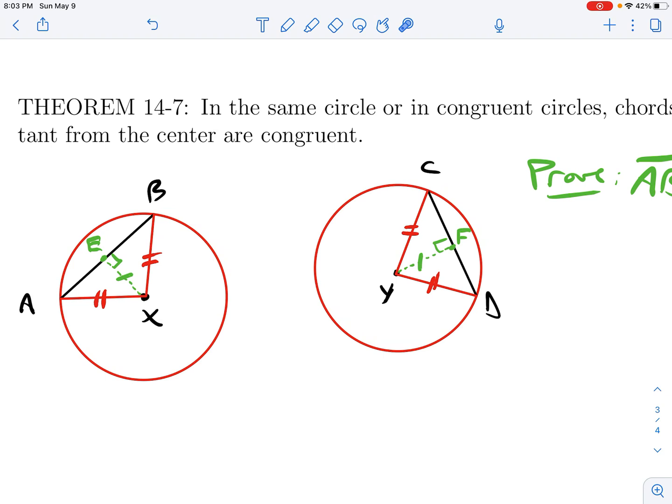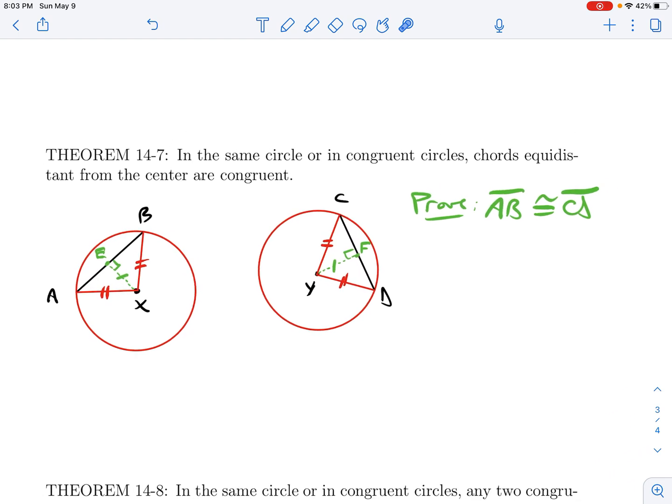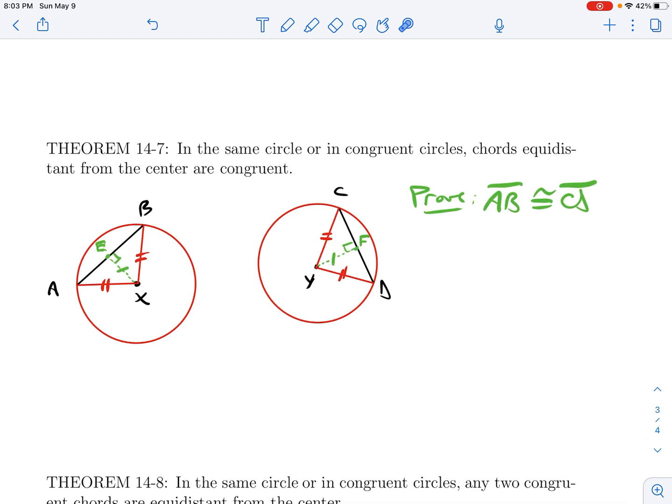So now again, hopefully you're seeing, oh, all right, well, between these 2 circles, I see congruent triangles. So there's a symmetry here, and presumably if I'm careful with my CPCTC steps, I could use that to ultimately show that the distance from A to B is the same as the distance from C to D.